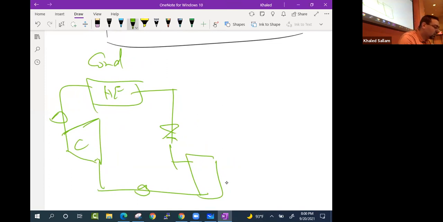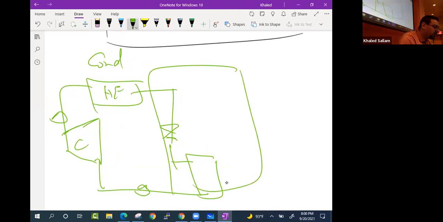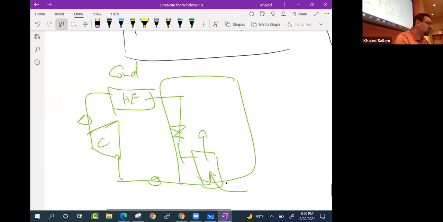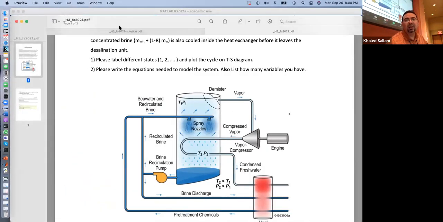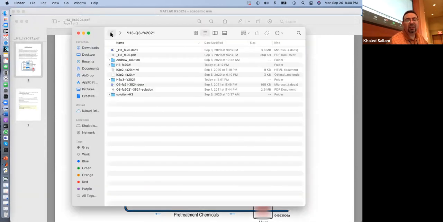Okay, so that evaporator's job is to cool the seawater, right? Because he said in the problem statement that there is a specific temperature that he wants to heat the water at. Those are 15 and 65, if I'm not mistaken.